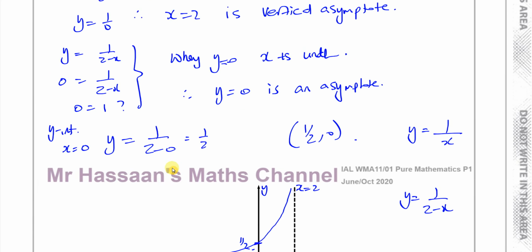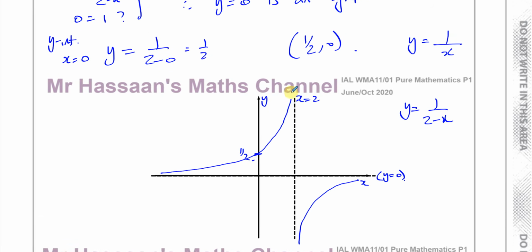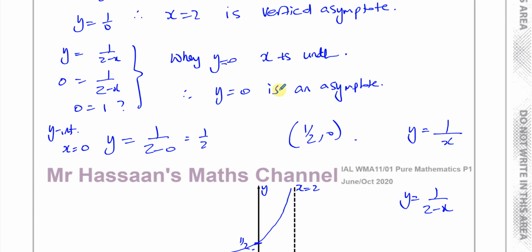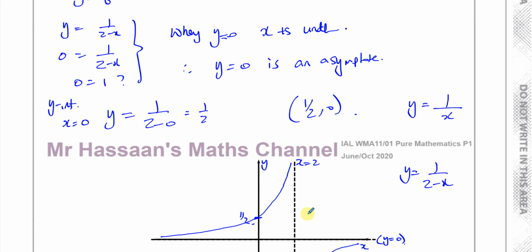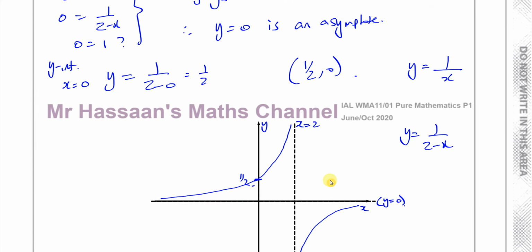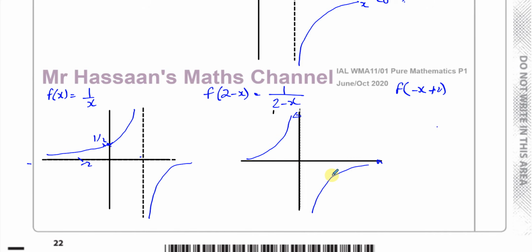But in the question in P1, for something like this, it'd be better for you to just find the asymptotes by finding what values of x and y cause this equation to be undefined, and find the y-intercept by putting x equals 0, and then just draw it accordingly, knowing that there's a minus 1 over x in the other two quadrants from where it normally is, and so on. So using transformations, you can understand it this way, which is outside the scope of what you have learned in P1.